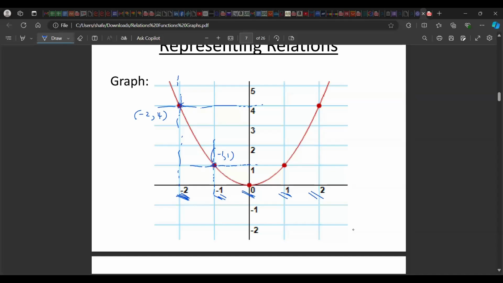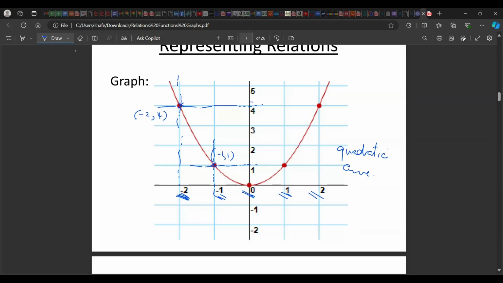Later on, you'll find out that the name of this curve is a quadratic curve. And you'll see that many-to-one oftentimes, not always, is a curve.